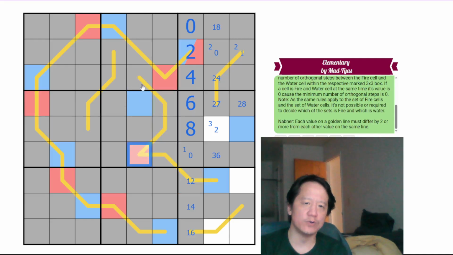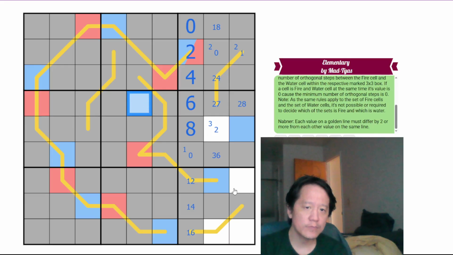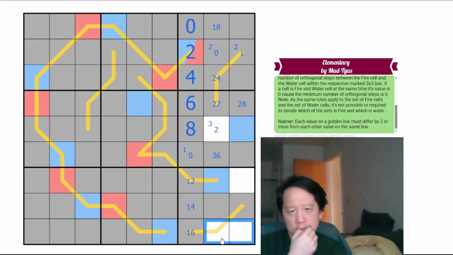Red 2 away. Blue would have to be at least 2 away from here also. Does that work?